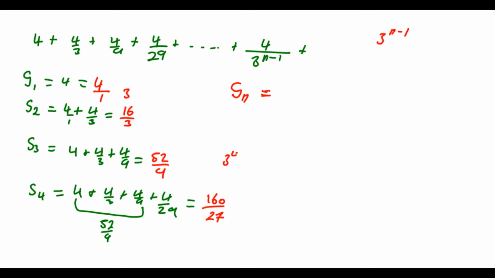So we say 4 minus 1, that would be 3 to the power 3, that is actually 27. So the denominator, we have addressed, is going to be 3 to the power n minus 1.